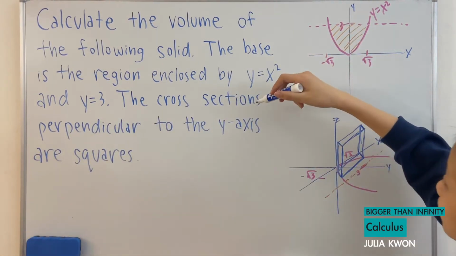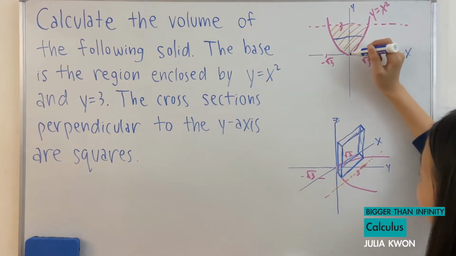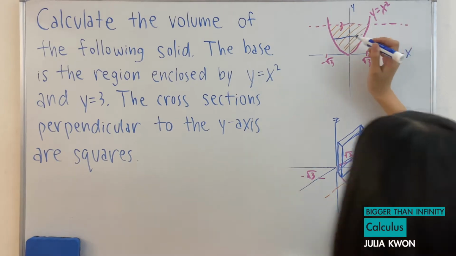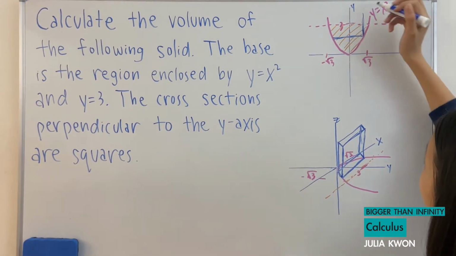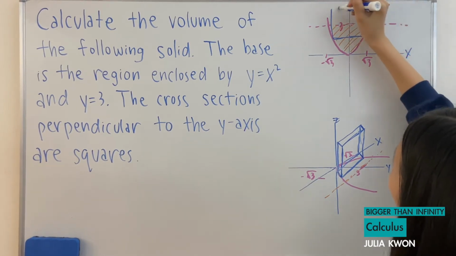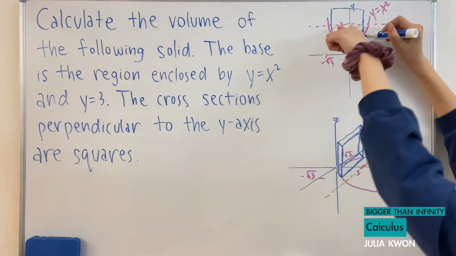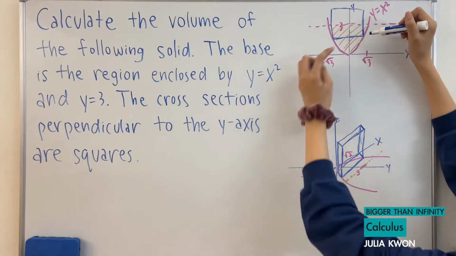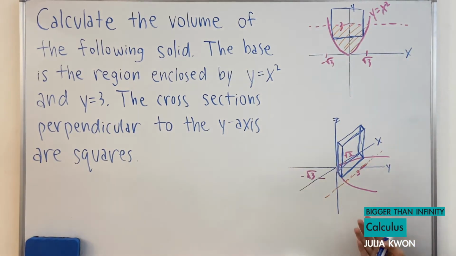I'm also going to draw the square here, inside between y equals 0 and y equals 3, kind of like this. Of course the square wouldn't actually look like this; it would come out kind of like this. That's why I drew it in three dimensions to demonstrate it for you guys.